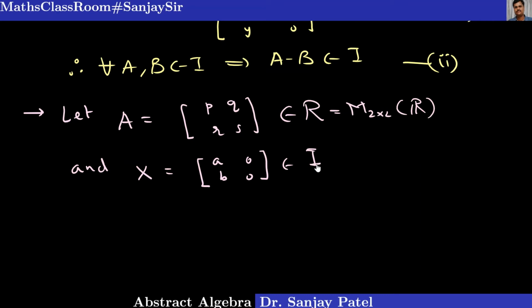After taking one element from the ring and one element from the given set I, if you want to prove it is a left ideal, just multiply this ring element, that is capital A in this case, on the left hand side of the element of the set I. That means we consider, let me write this way, then if I write the ring element on the left hand side of the multiplication sign, just recall the condition of the left ideal of a ring, and the condition is this: for every r belongs to R and for every x belongs to I, we must have r into x belongs to I. This is our condition of left ideal.